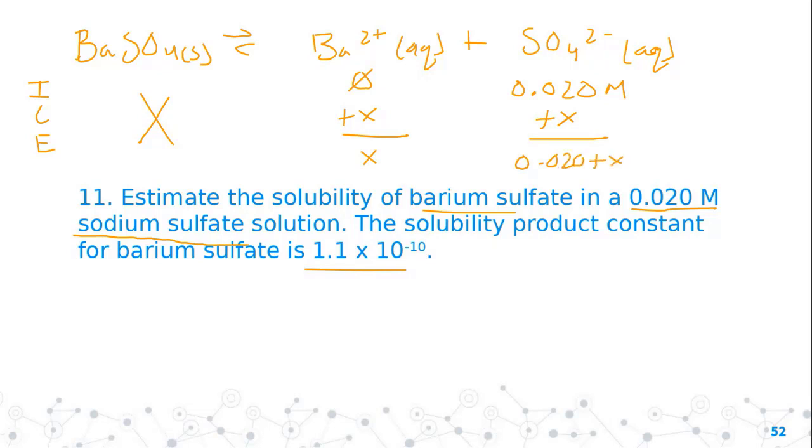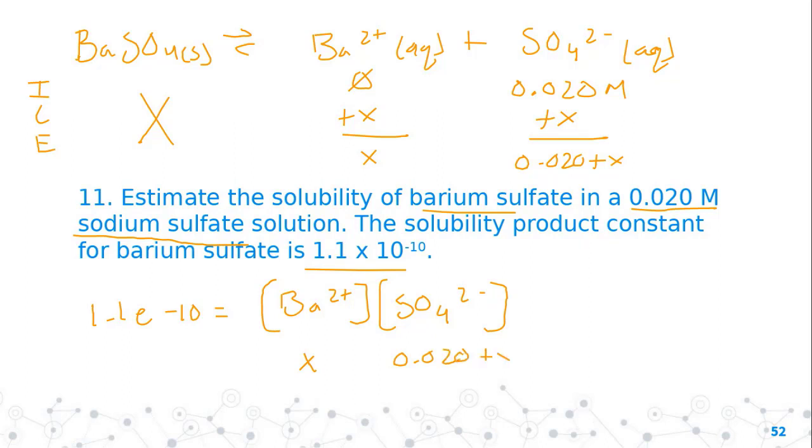Now we set up our Ksp value, 1.1 e to the negative 11, equal to Ba2 plus times SO4 2 minus. We have x here, and then we have 0.020 plus x.